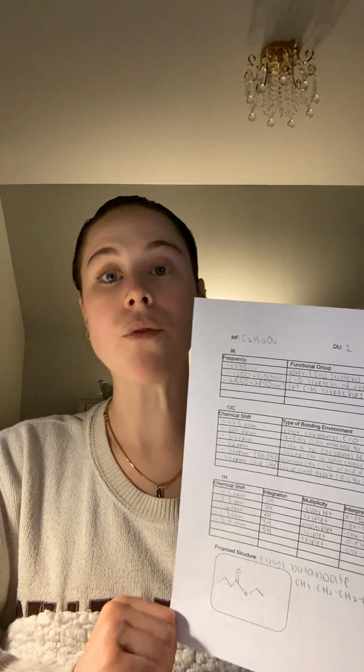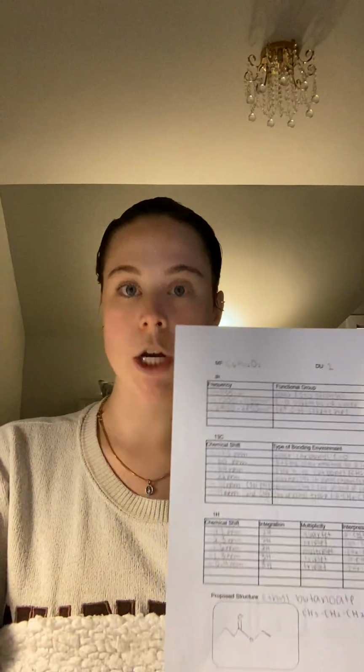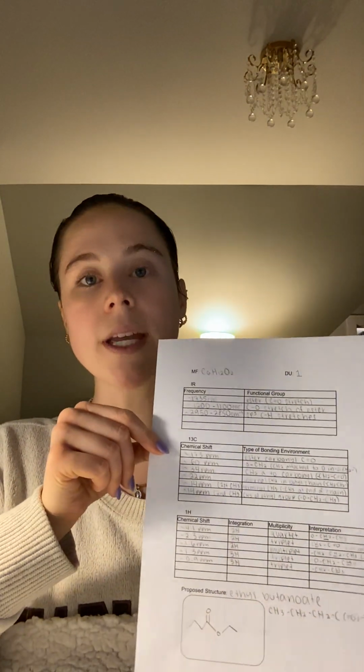Next is the 30 to 40 carbon, which is alpha to the carbonyl. And the upfield signals around 14 to 22 here are simple alkyl groups, so CH2 and CH3. And the carbonyl is the most deshielded as a result of its strong polarity and anisotropy.